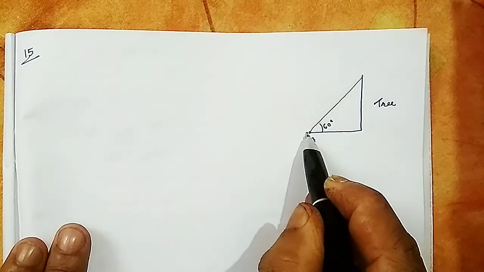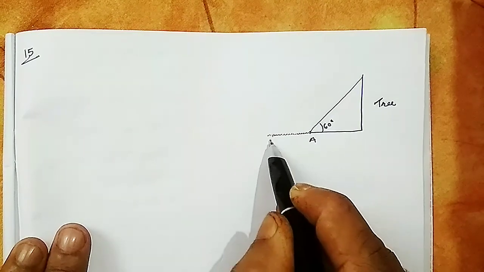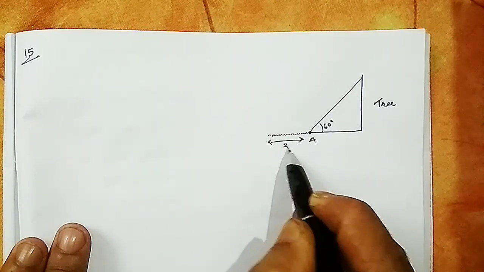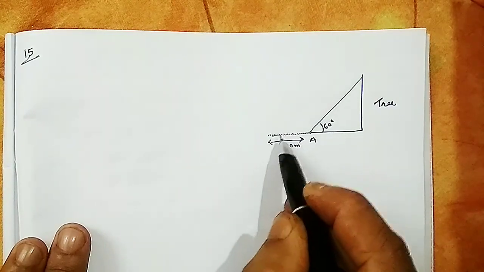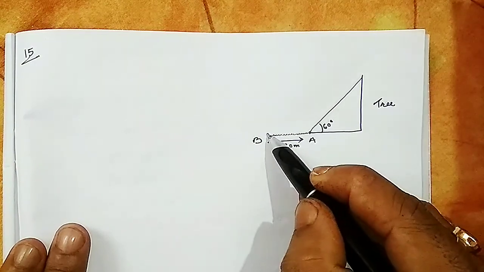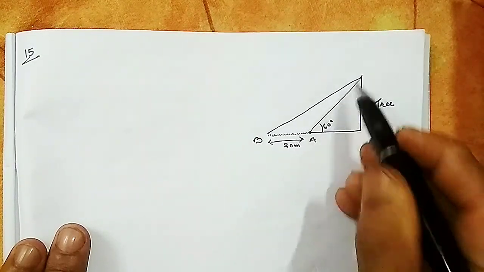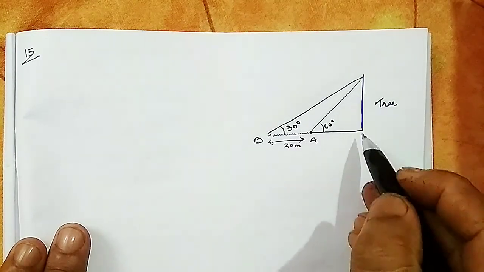Now from here we are walking this way 20 meters. So suppose this distance is 20 meters. On walking 20 meters away from its base to a point B, the angle of elevation changes to 30 degree. Now this angle is 30 degrees. Find the height of the tree.